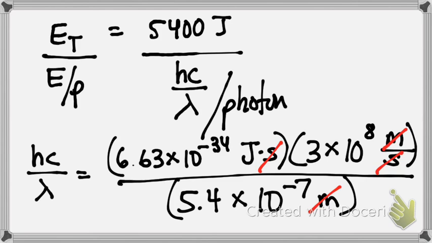And then we'll divide it by the wavelength. And I obtain an answer of 3.683 times 10 to the minus 19 joules per photon.